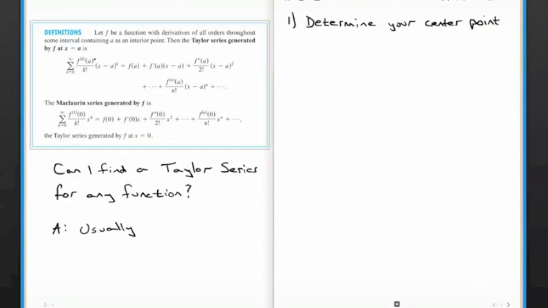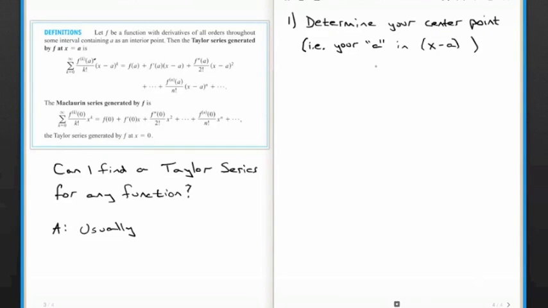Now, remember the other day when we took this 1 over 1 minus x, but we shifted it by a. So really what we're doing here is, in essence, your a in x minus a.